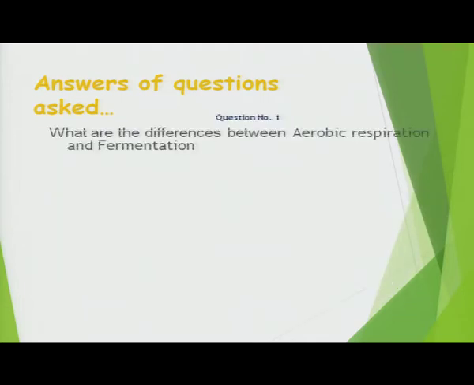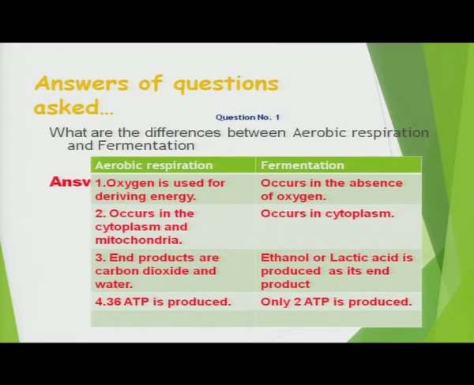My second question is, what are the differences between aerobic respiration and fermentation? In aerobic respiration, as the term indicates, oxygen is used. Fermentation occurs in the absence of oxygen. Aerobic respiration occurs in both the cytoplasm, where glycolysis takes place, and the mitochondria, where the Krebs cycle and oxidative phosphorylation, the electron transport chain, take place.